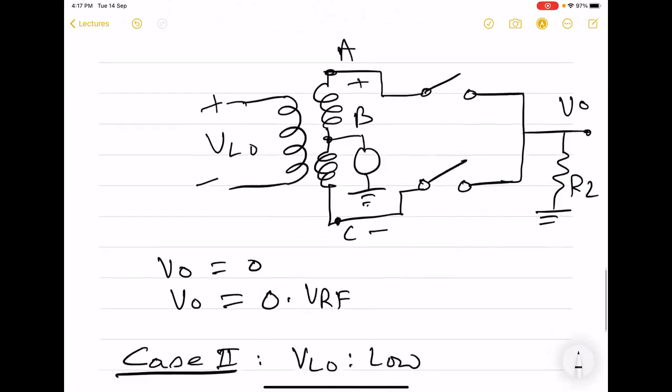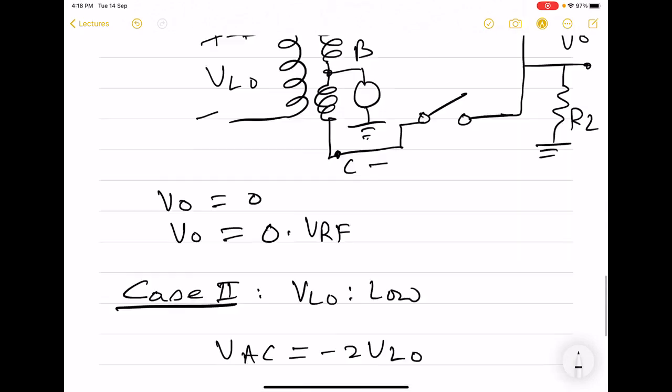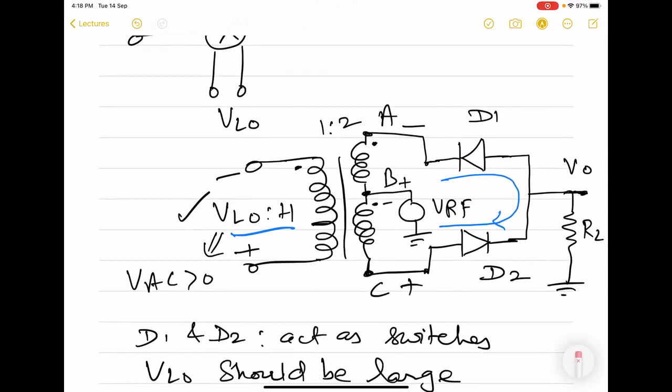So in this case, VAC is now going to be minus 2 VLO. So what happens now is, here we can see that the orientation of the potential gradient is going to be in this direction. So here we see that these two diodes experience a large forward bias.